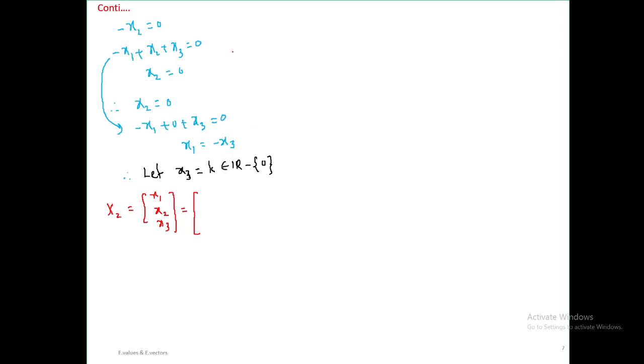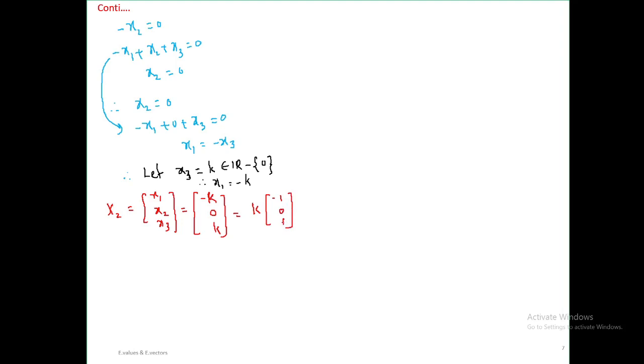So x1 is minus k, x2 value is 0, and x3 value I am assuming is k. So now this will be k times minus 1, 0 and 1.